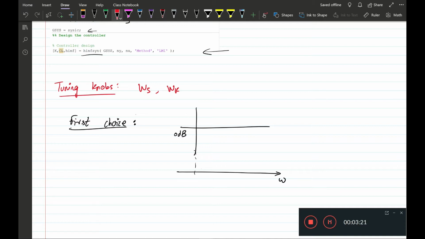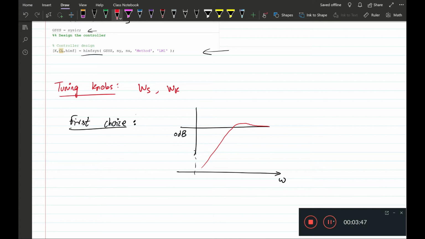So this is log scale, remember, some shape like this. We saw in some earlier exercise that for some systems we cannot avoid this bulging out of S above the 0 dB line, and that was then called the waterbed effect. So we want the S to look something like this.